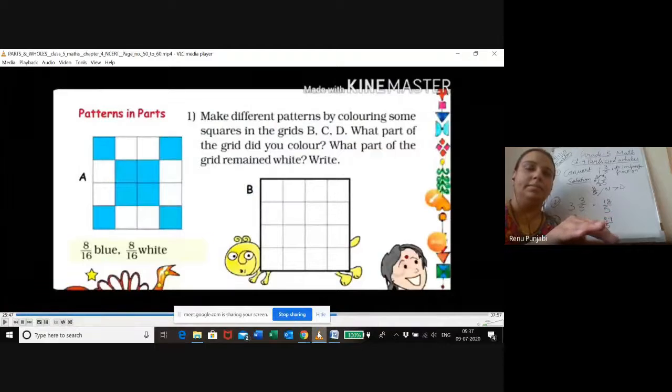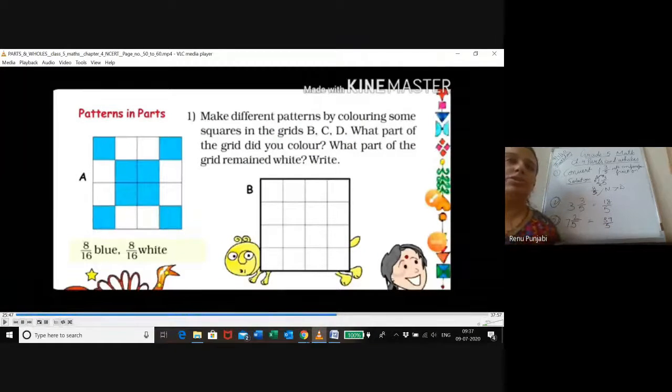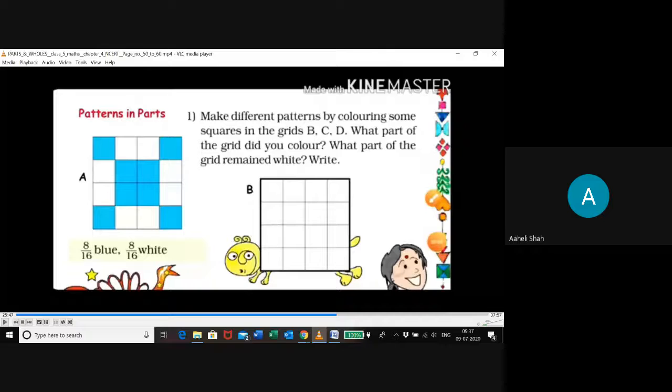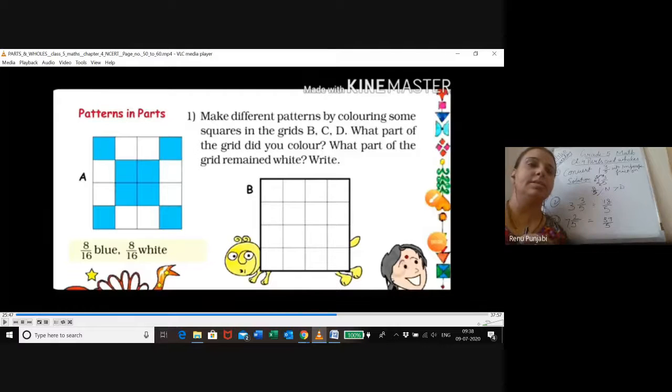Kajal ma'am? Yes, it is clear. Okay. So children, can you see my screen? The same page number which is in your textbook? Yes. Ma'am? Ma'am, can you please send the recording? Dear, send me the mail. Okay.